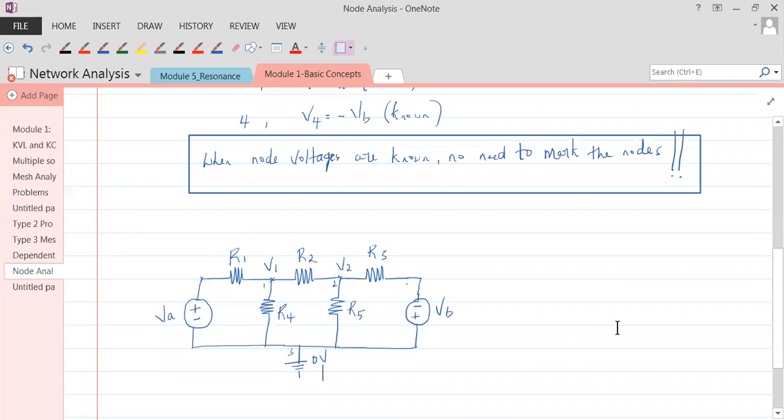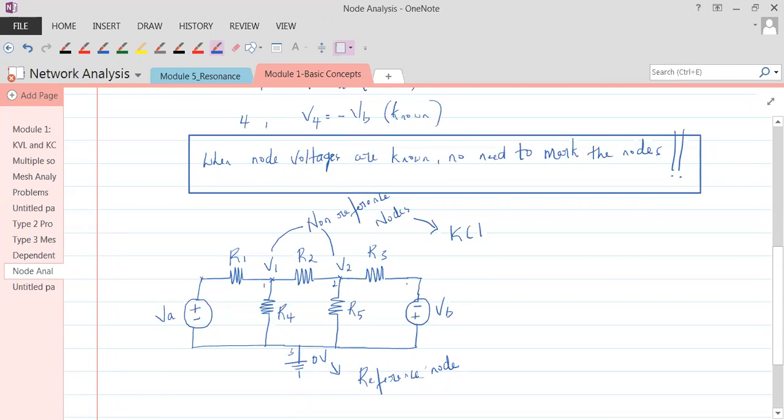So what is the difference between node 1 and node 2? See here, these two nodes are called non-reference nodes, and this is called the reference node. We apply KCL only to these non-reference nodes.